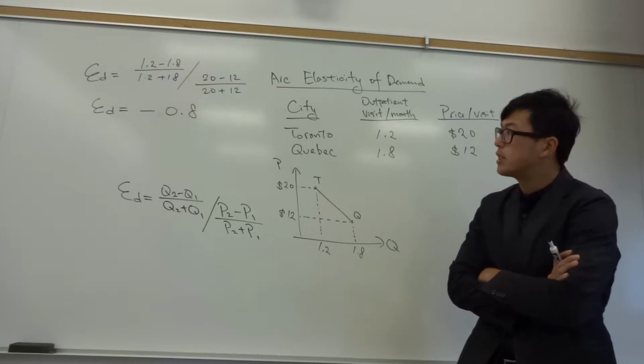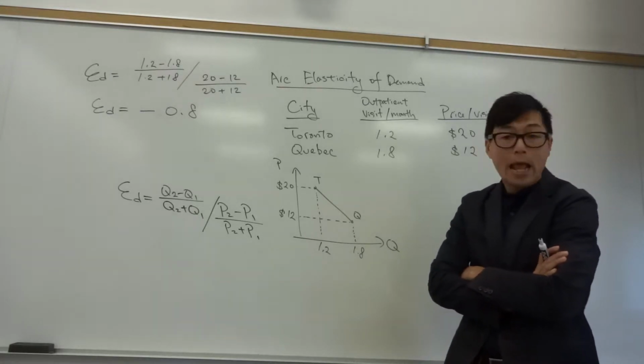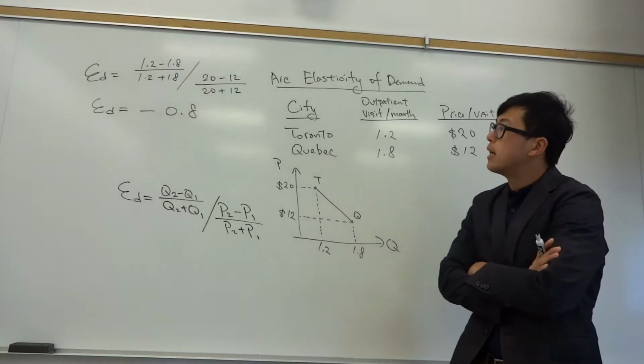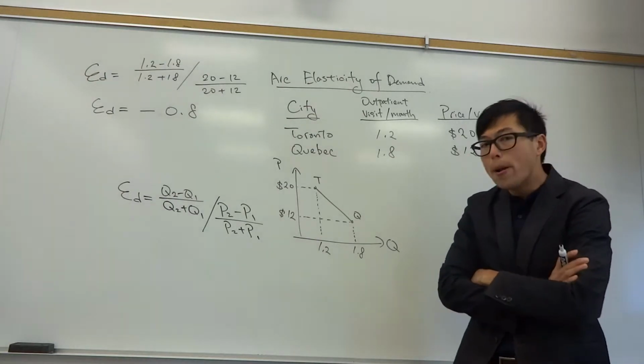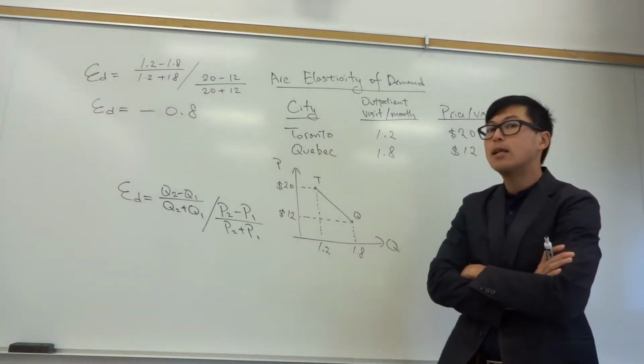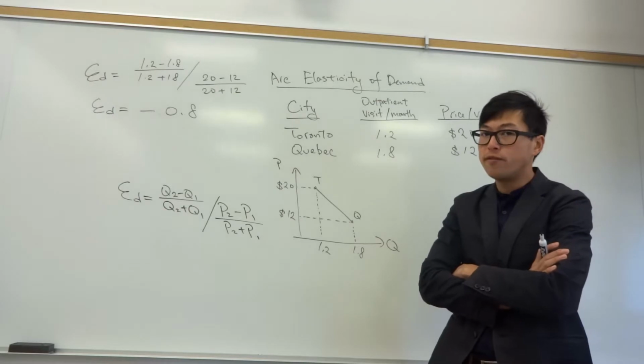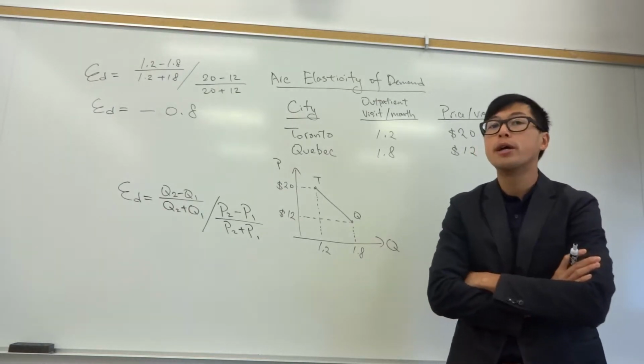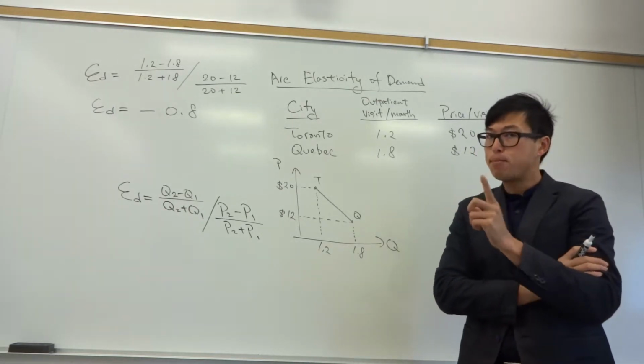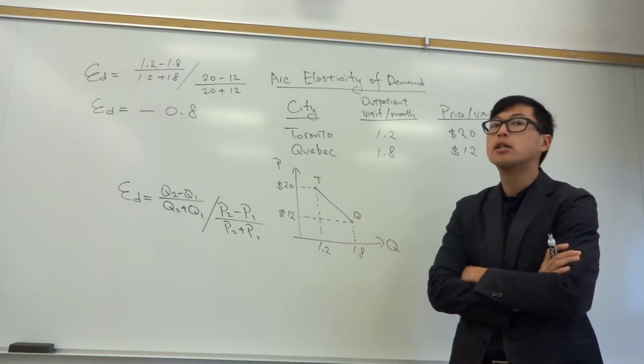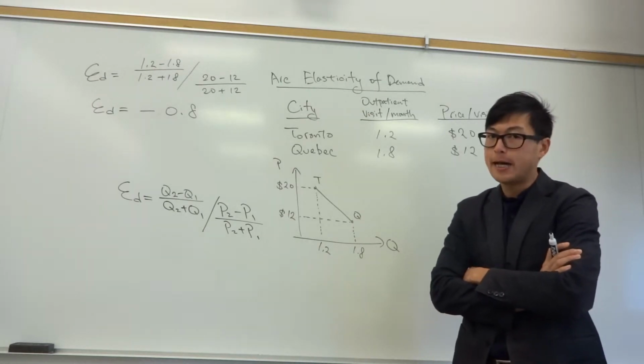mean? So this 0.8, or maybe negative 0.8, means when there is a 1% change in price of outpatient service in Canada, we assume there will be 0.8% change in outpatient visits in Canada.